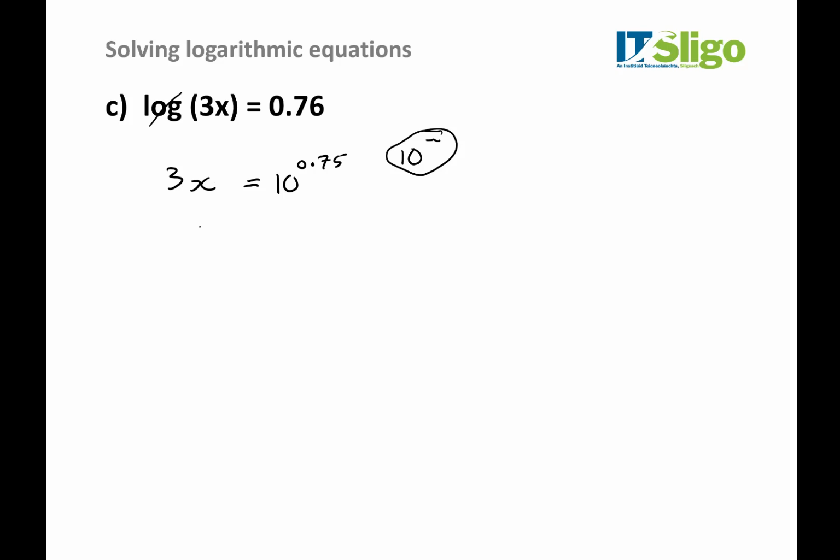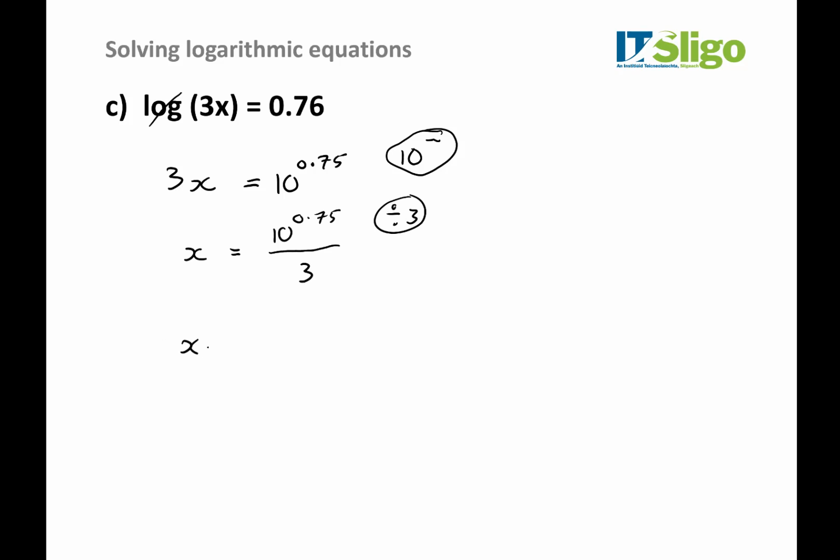Now, don't get your calculator just yet, because if you get the calculator and try and compute this, your calculator is going to round off your answer. But then we're going to have to divide our answer by 3, which is what I'm doing now. So it's much better to just leave the problem like this.